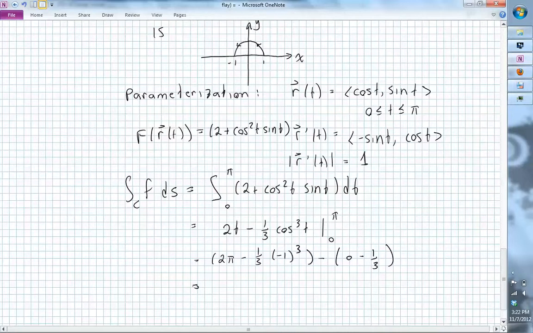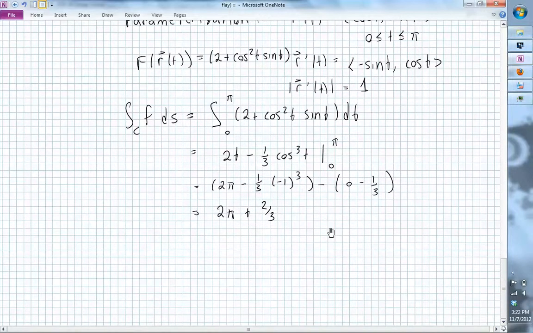Is it 2/3? I don't know, good God. -1, that's a 1/3, that's a 1/3, 2/3, you're right. And that's the answer, whatever that means. Okay, so the area above that arc and below that surface is 2 pi plus 2/3. Again, not super enlightening. All right, let's move on now.